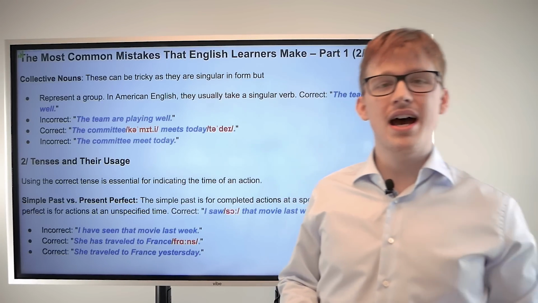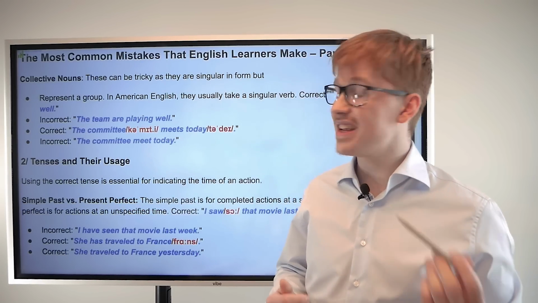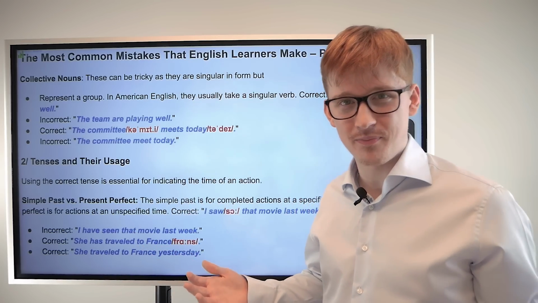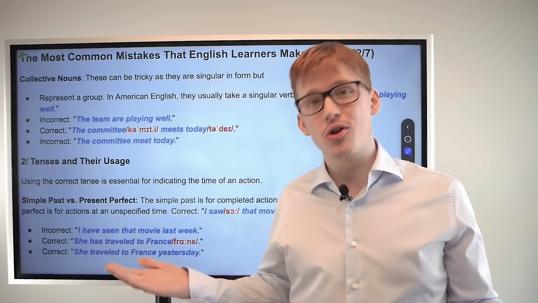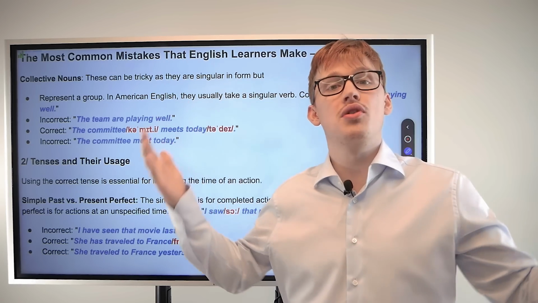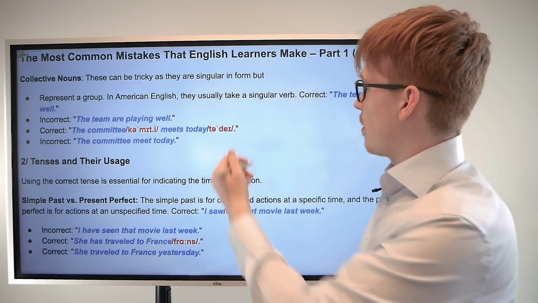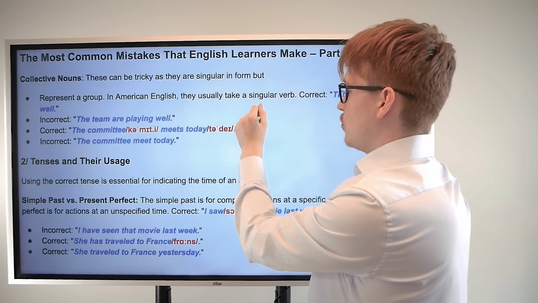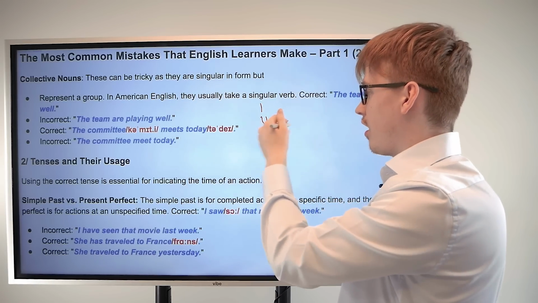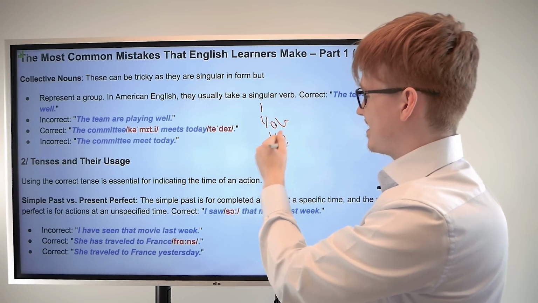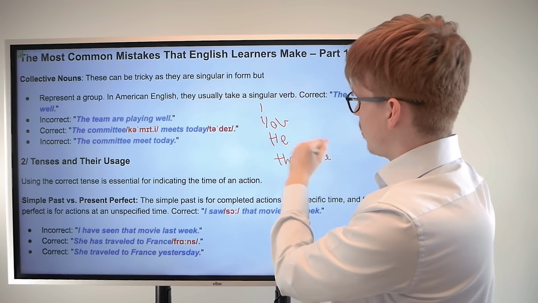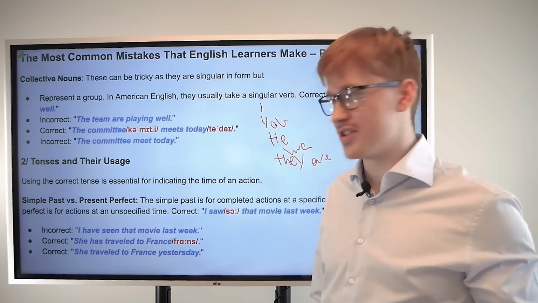And next up, we have collective nouns. And in English, when you are talking about a group of people, quite often, it would be logical to think that we would just say that they are more than one person. And obviously, when we have in English, I, you, we would say I am, you are, he is, they are, we are, you see?